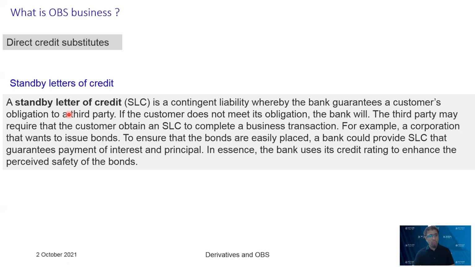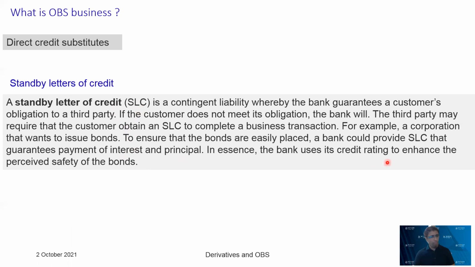For example, if some corporation wants to issue bonds, but the lenders, which are the people who are going to subscribe to that issue of bonds, or the investors who will buy the bonds, have some concern about the credit risk of the issuer, the bank will issue a standby letter of credit saying that if the issuer doesn't pay, the bank will pay.